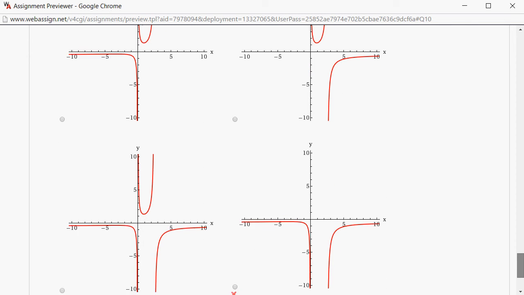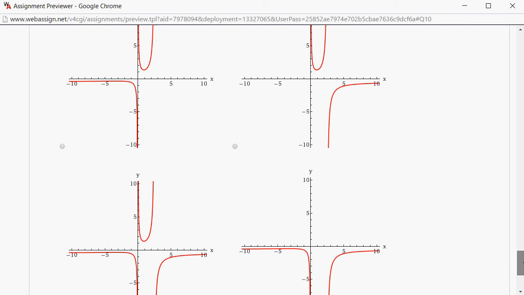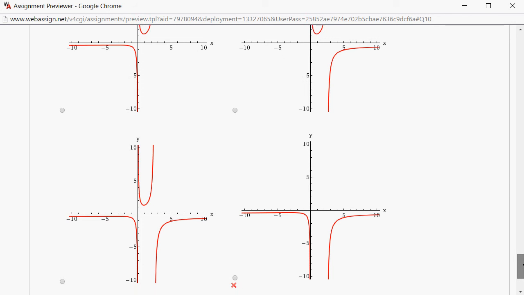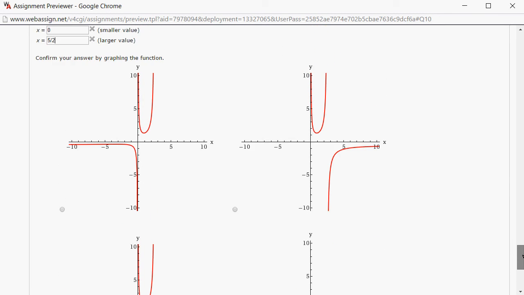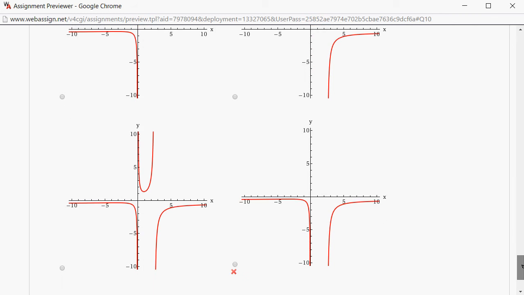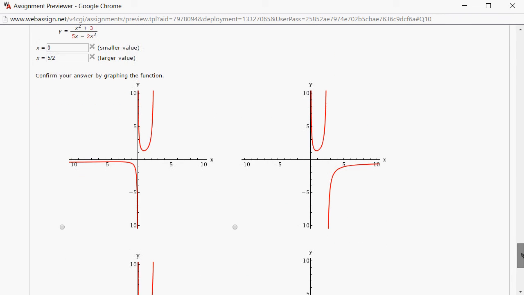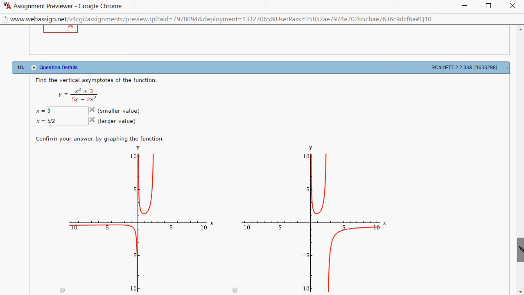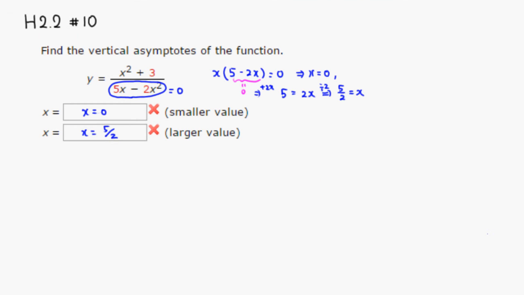Let's look at the limit at x equals 5 over 2. The difference is we have to make a decision based on the behavior here.